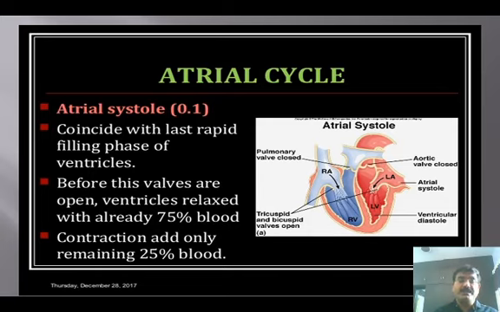Before the valves open, the ventricle relaxes with already 75% of the blood. Contraction adds only the remaining 25% of the blood in case of the atrium, that is the auricles.